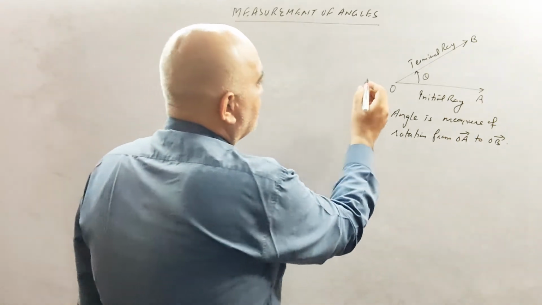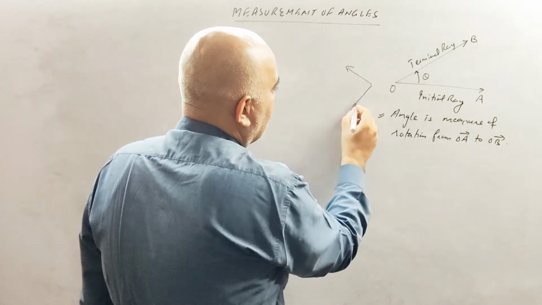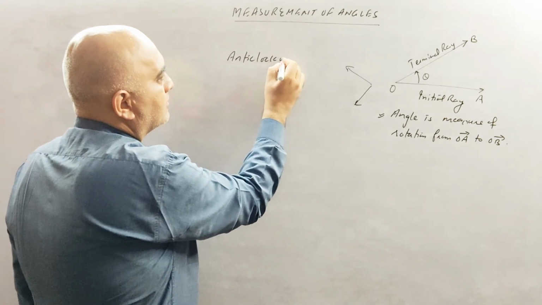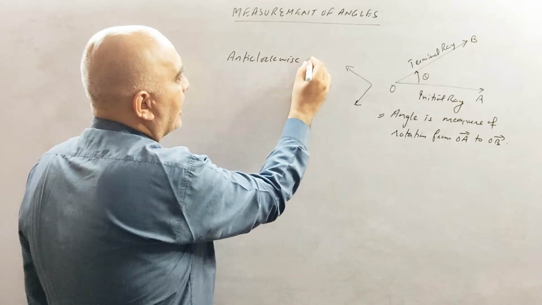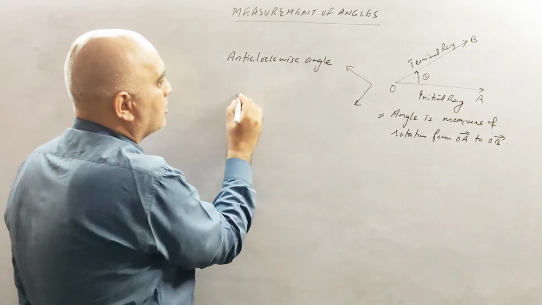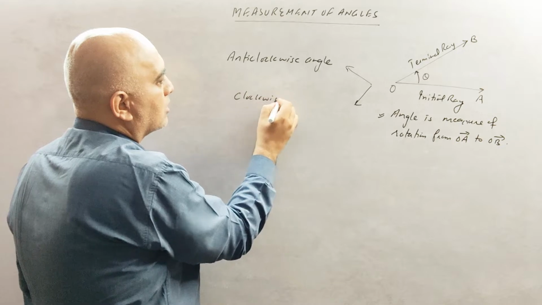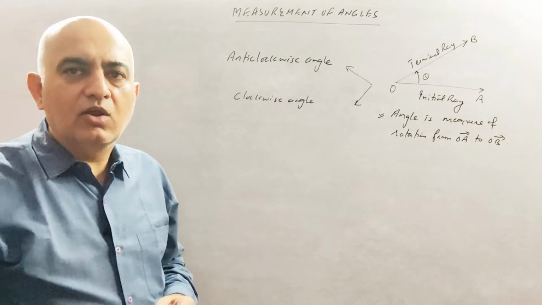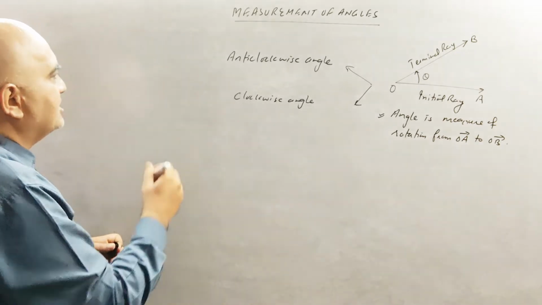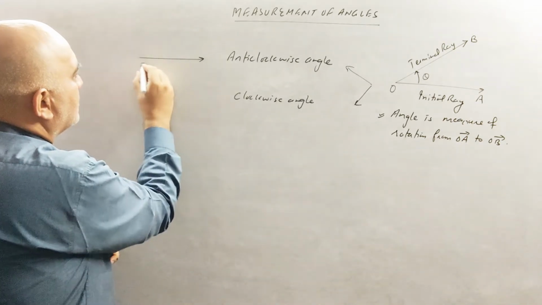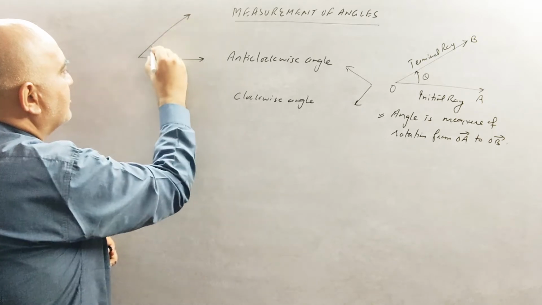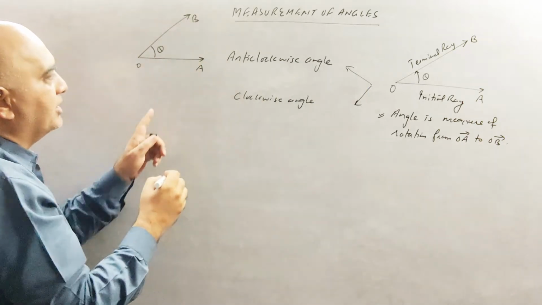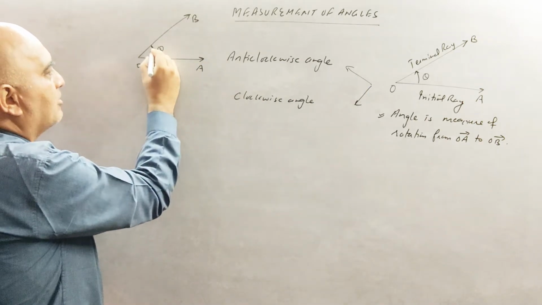But this angle can be expressed in two ways, either as an anti-clockwise angle or a clockwise angle. What is the difference? Anti-clockwise means the rotation above the x-axis, in the same way as we discussed with OA and OB.